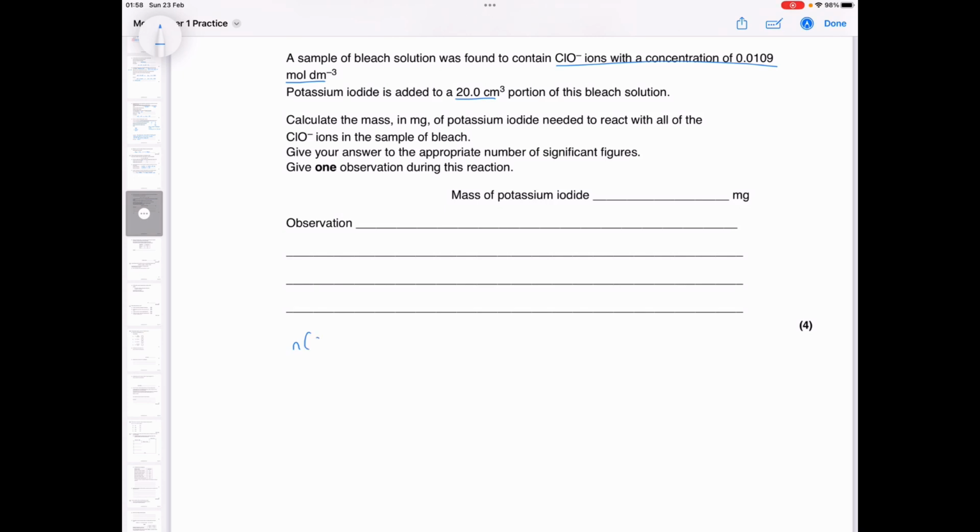So the number of moles of ClO- is equal to concentration times volume is equal to 0.0109 times 20 times 10 to the minus 3, and that equals 2.18 times 10 to the minus 4 moles.